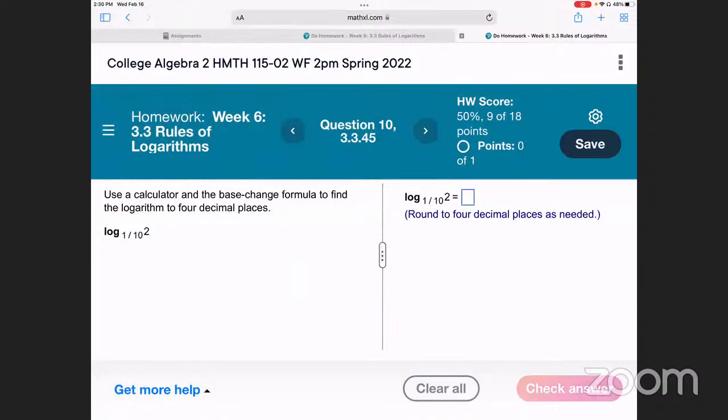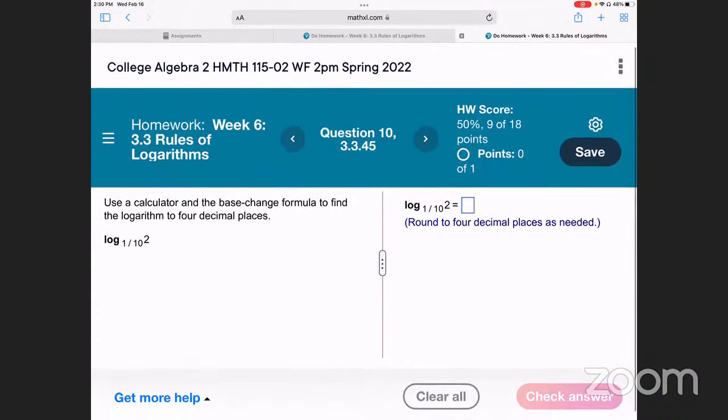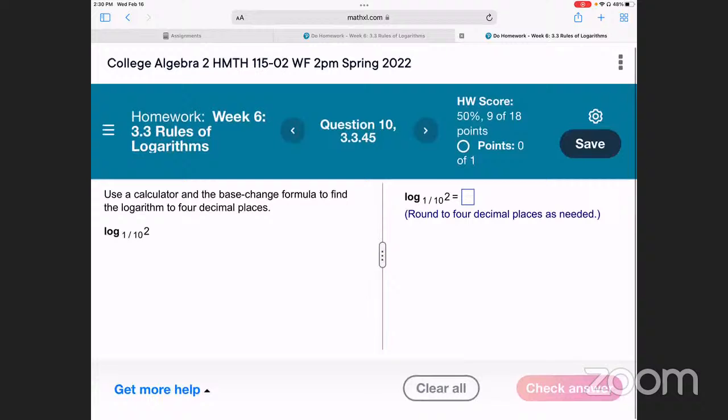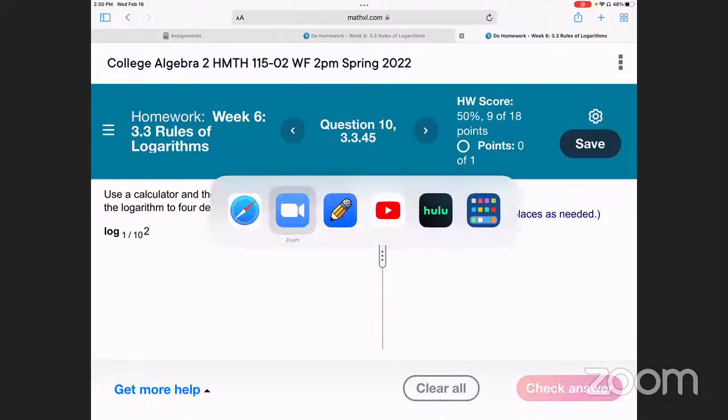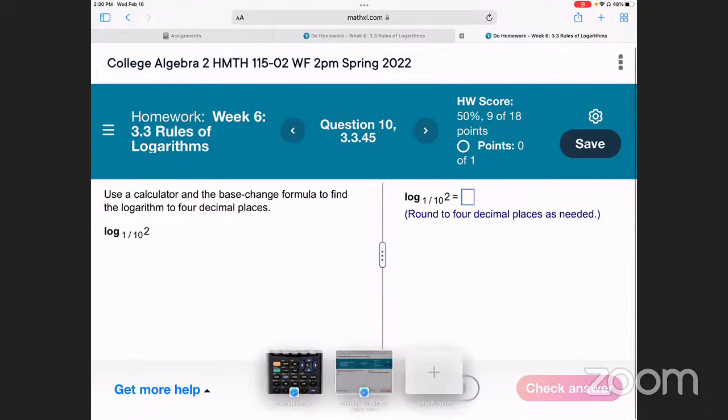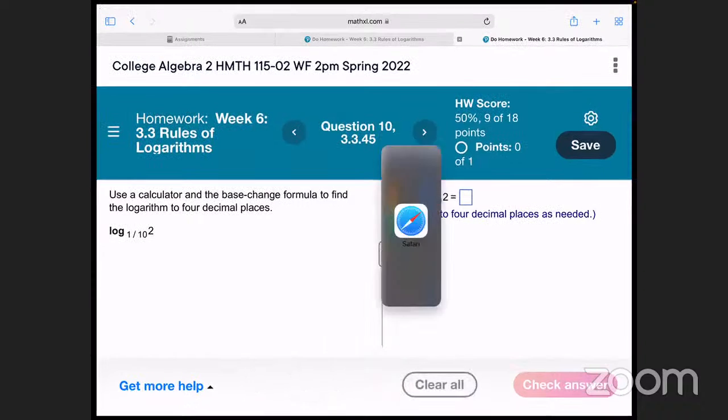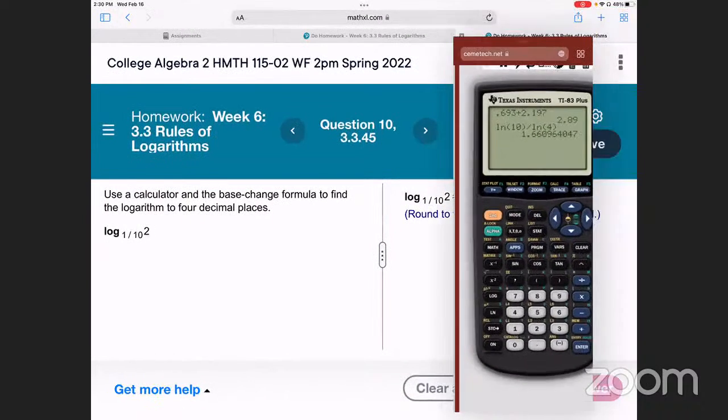Use a calculator and a change of base formula to find the log to 4 decimal places. So again, a calculator is normally base 10. So if we want to evaluate a log like this in the calculator, we have to use a change of base.